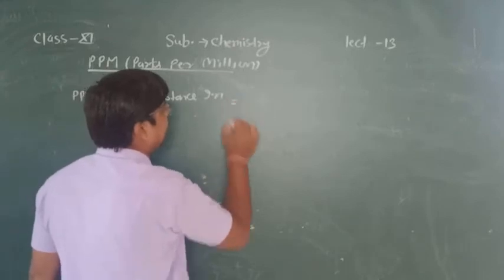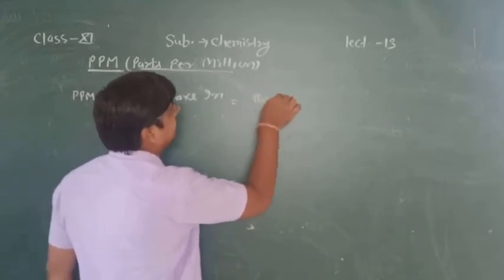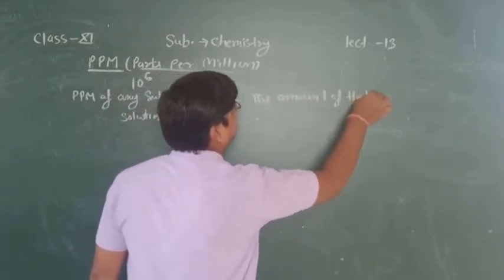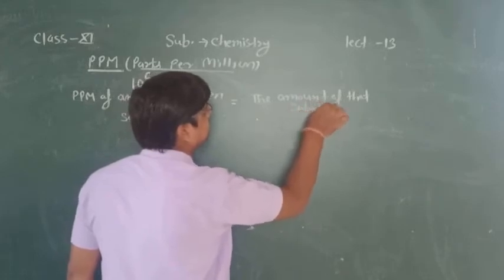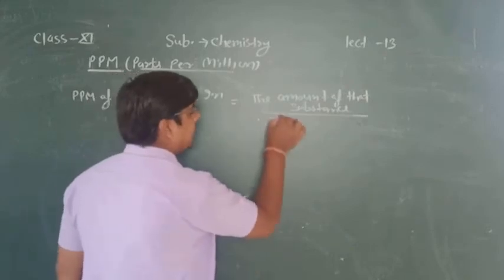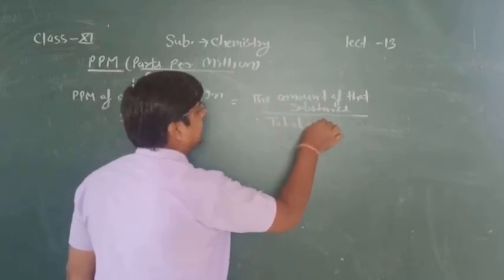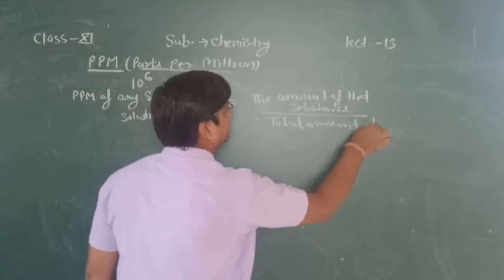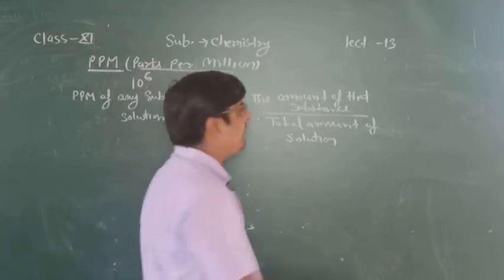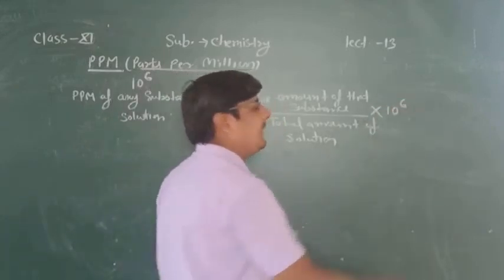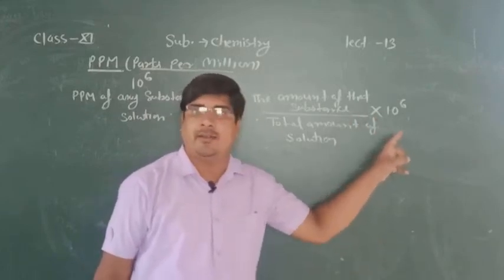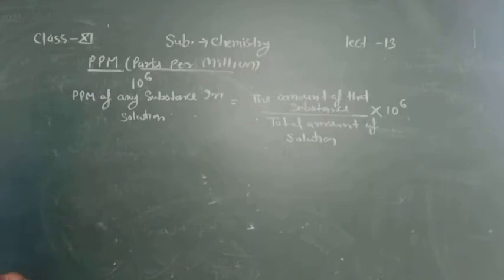First of all, we take the amount of that substance, then divide it by the total amount of solution, and to calculate the ppm, we multiply it by 10 to the power 6. If you want to calculate the percentage, then you multiply it by 100. So this is the meaning of ppm.